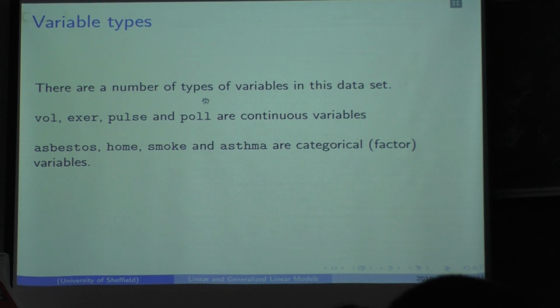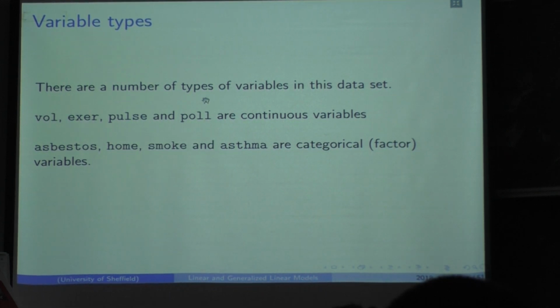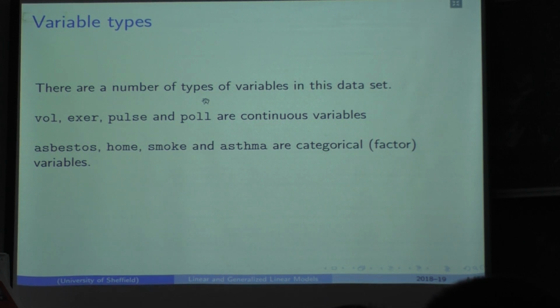In that case it says 1, but if they haven't ever smoked, then it says 0. So these are variables where each observation is put into a particular category. So they're often called categorical variables. Later in the course, we'll usually call them factor variables.